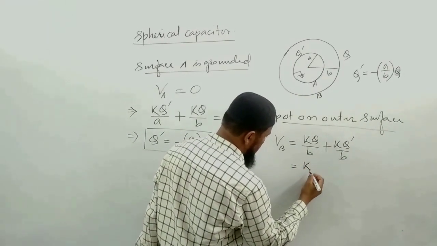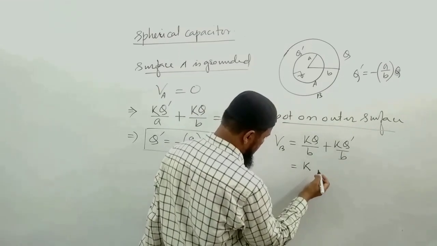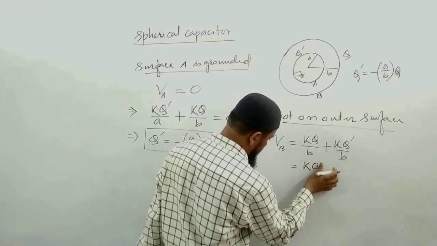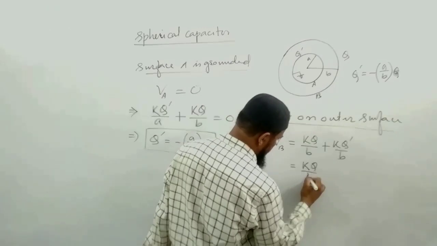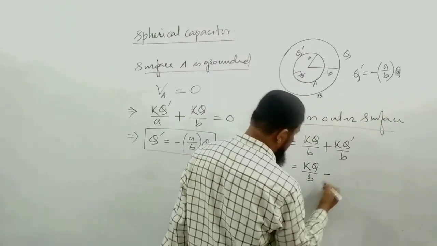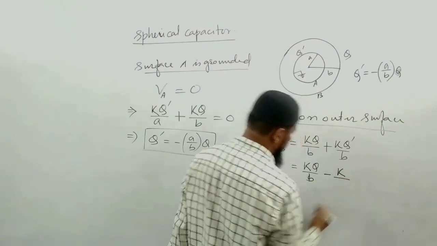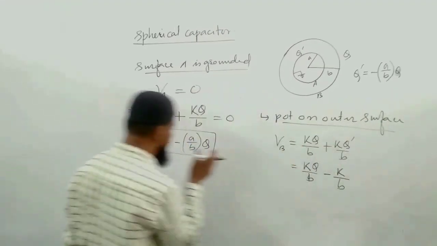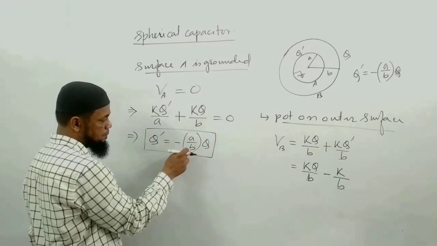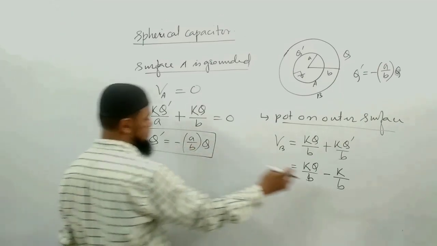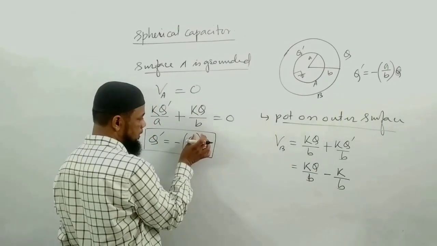So if I take KQ by B common, this will become K by B. Q dash is how much? Minus A by B into Q. So this minus, I'm making it minus.